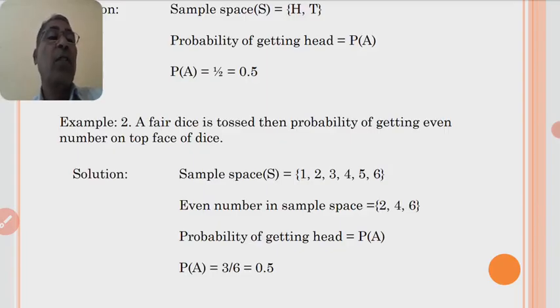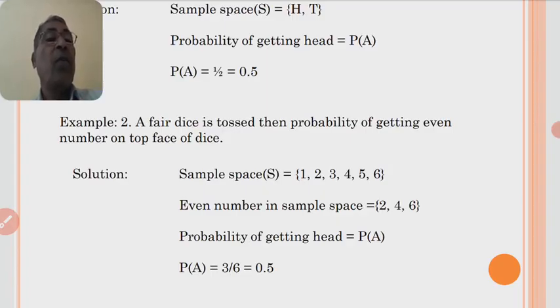When we toss a dice, the total number of sample space is 6, that is 1, 2, 3, 4, 5, 6. As there are 6 faces to a dice, if we toss a dice, then one face will appear on top or one number will appear on the top. Therefore, the total number of sample space is 6.